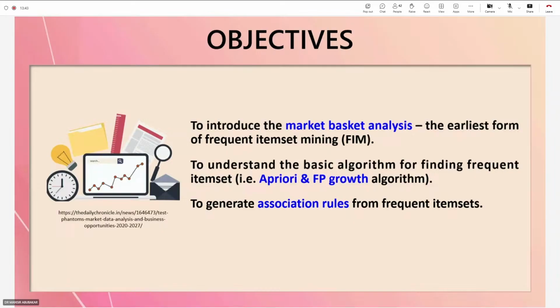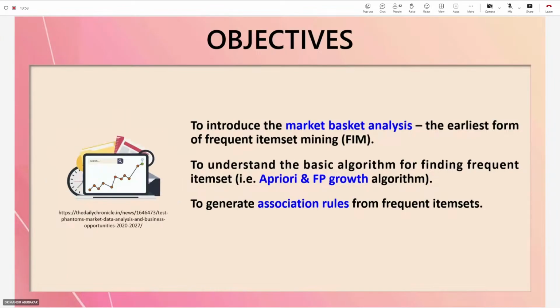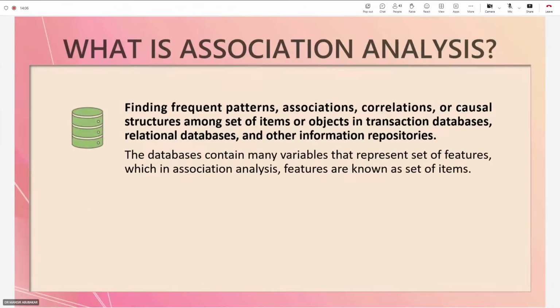One is finding the frequent item set, and the second part is applying the algorithm to generate the association rules. That is the target. So this is why we say we are going to use market basket analysis as a running example on explaining how the association can be determined.